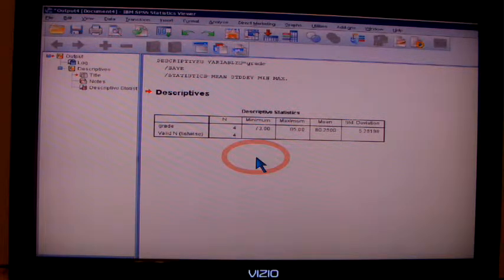What gave it away is the N, because the N for the non-filtered was 4. That's the amount of participants, whereas the N for the filtered one was different, 4 versus 2. So that helped us with that.